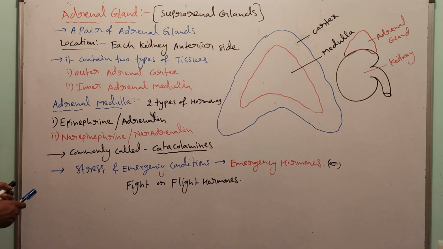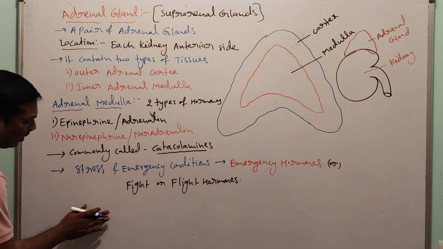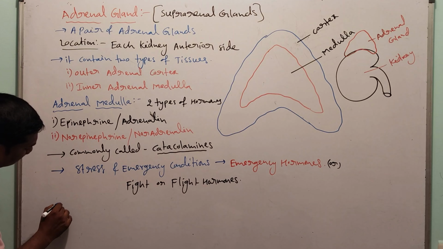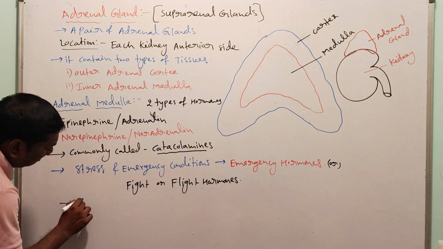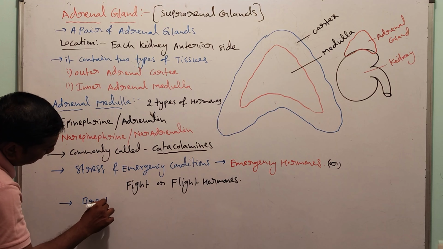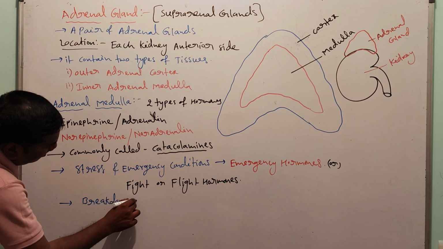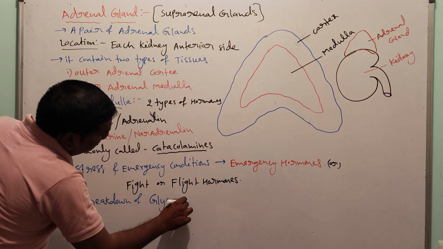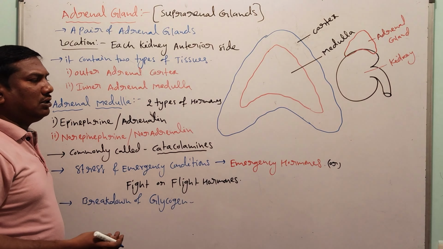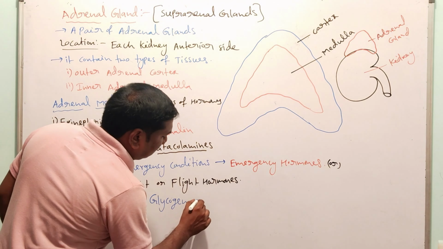These hormones also help in glucose and glycogen metabolism, the breakdown of glycogen. Breakdown of glycogen means increased blood glucose levels.